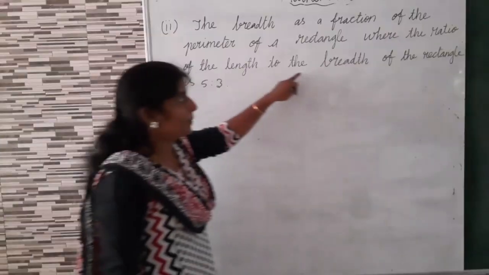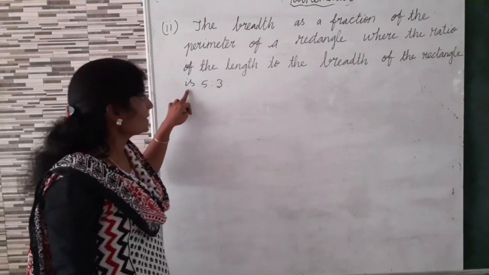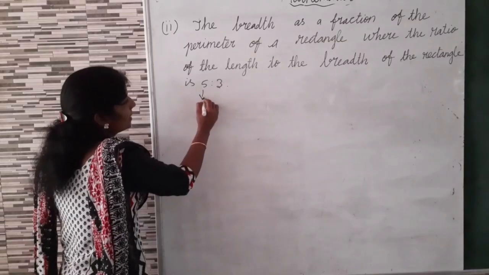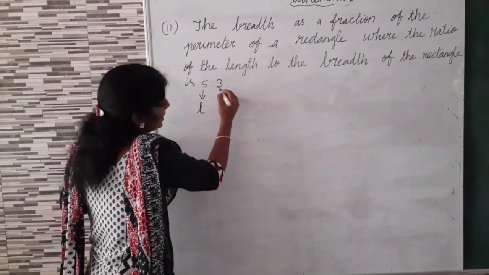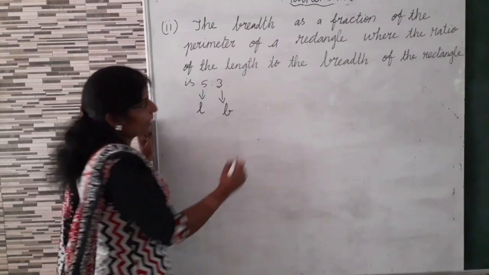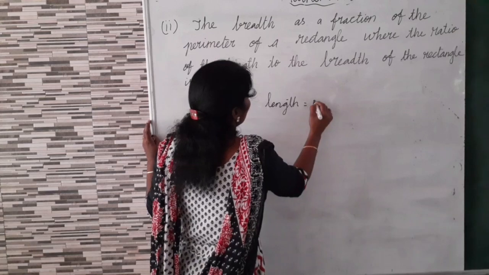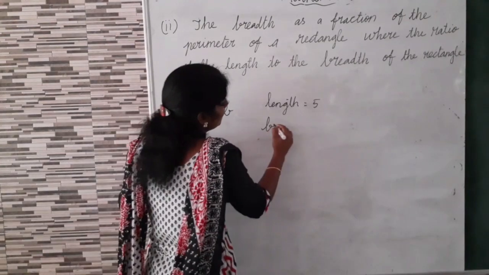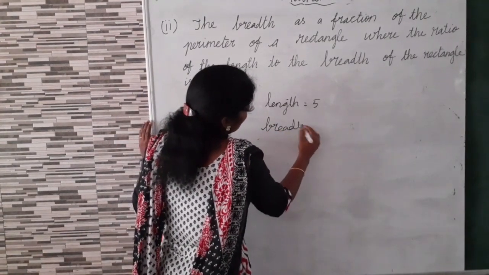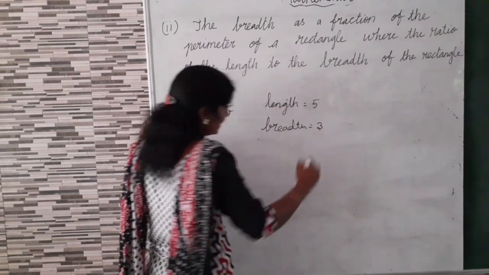The breadth as a fraction of the perimeter of a rectangle where the ratio of the length to the breadth of the rectangle is 5:3. Here 5 is length and 3 is breadth. Okay. What is length? Length is equal to 5 and breadth is equal to 3.